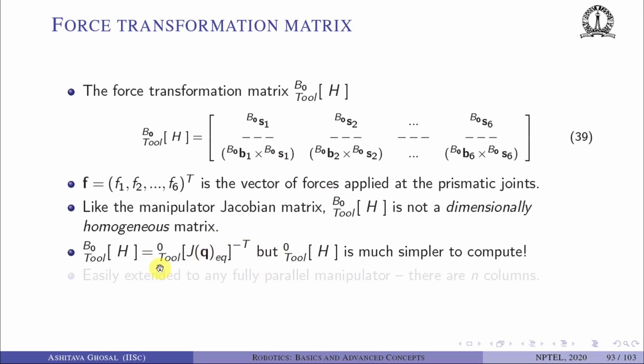Both must be the same. In the previous case we obtained the external force in terms of the leg forces using J_q transpose inverse, and in this case it is in terms of the force transformation matrix. But this matrix is much simpler to compute, and you can easily extend it to any fully parallel manipulator. In that case there will be n columns.